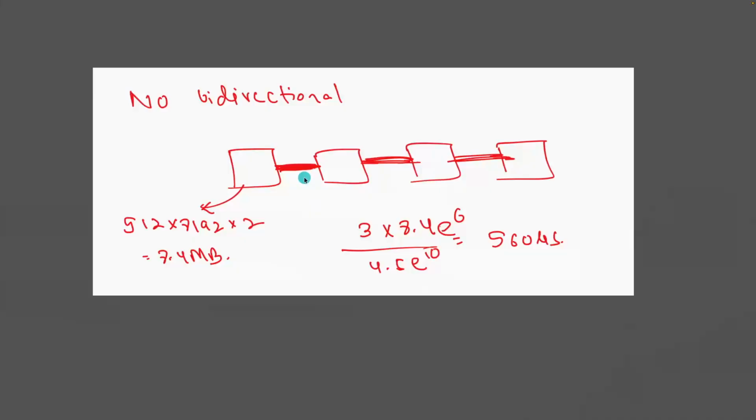So if you're doing all gather in the forward pass, you need to do reduce scatter in the backward pass. Similarly, if you're doing reduce scatter in the forward pass, you have to do all gather in the backward pass.